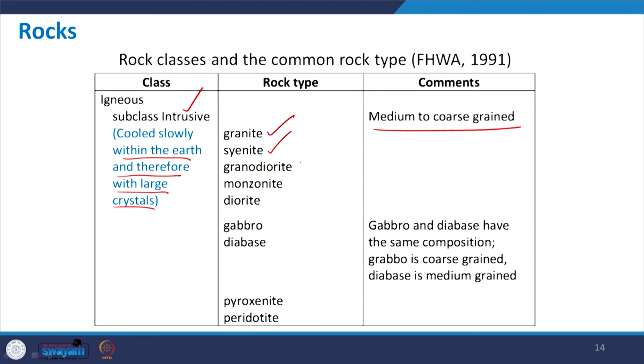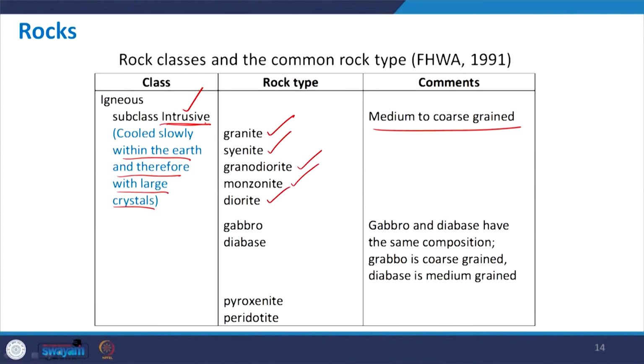Granite, syenite, granodiorite, monzonite and diorite are some of the examples of this type of rocks, that is, subclass intrusive igneous rocks. Then other types of igneous rocks under this category include gabbro and diabase.